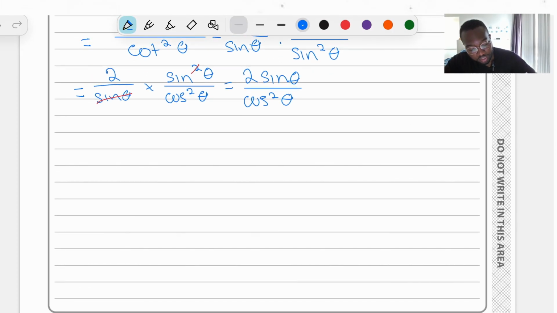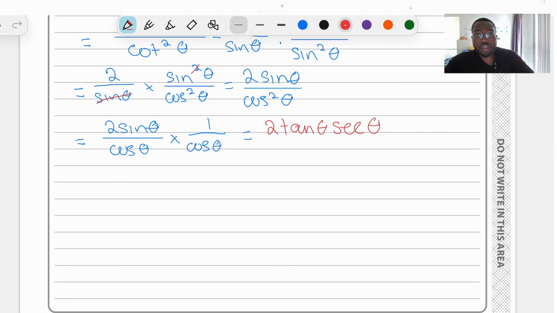And then lastly, we have this 2 sine theta, and we're going to break up that cosine squared theta into cos theta times cos theta. As you can see, 2 sine theta over cos theta is simply 2 tan theta, and then 1 over cos theta is just sec theta. Therefore, we have shown it.